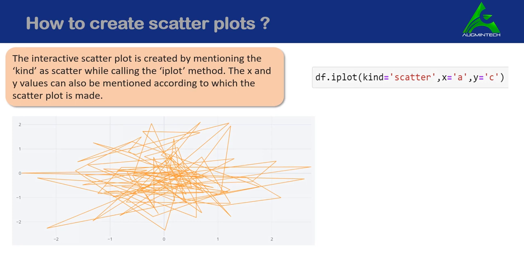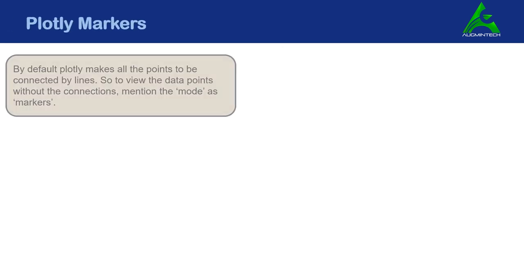By default here, Plotly makes all the points to be connected by lines. If you want to view the data points without the connections or edges or lines, we can mention the mode as markers.